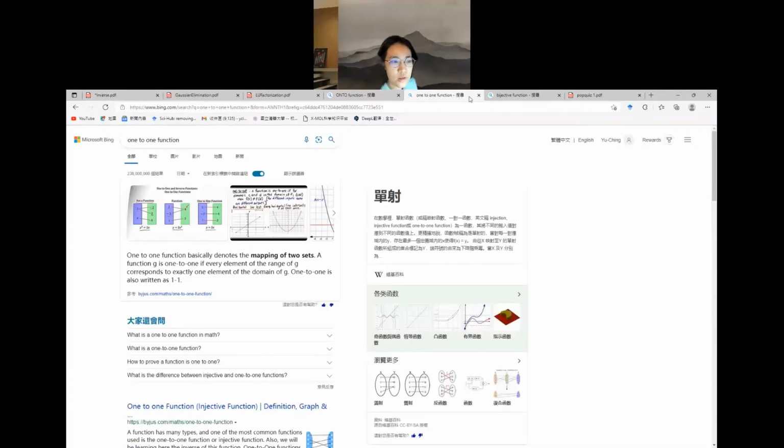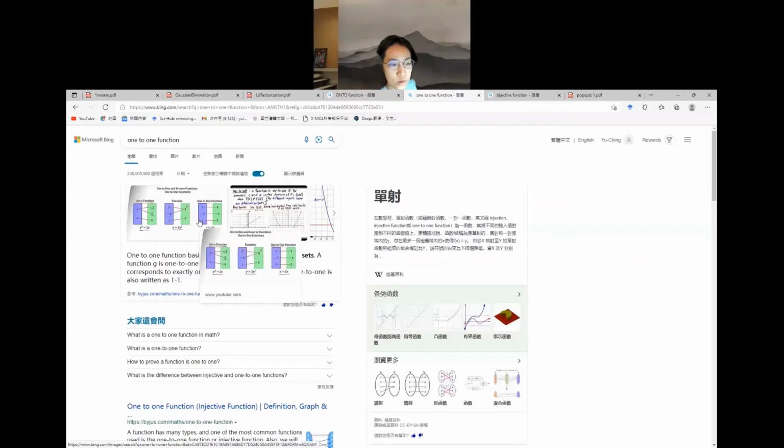So here we can map it to what you learned in high school. I believe that at least it's mentioned during your math course in high school. So a one-to-one function is also called injective.